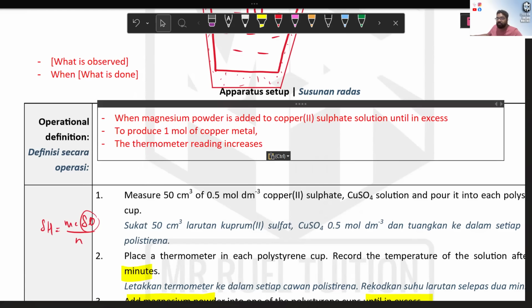Don't say temperature. Don't say temperature. Again, it must be the actual reading that we are using for the responding variable. So the thermometer reading increases. Okay, this will be my example for the operational definition for heat of displacement. All right.